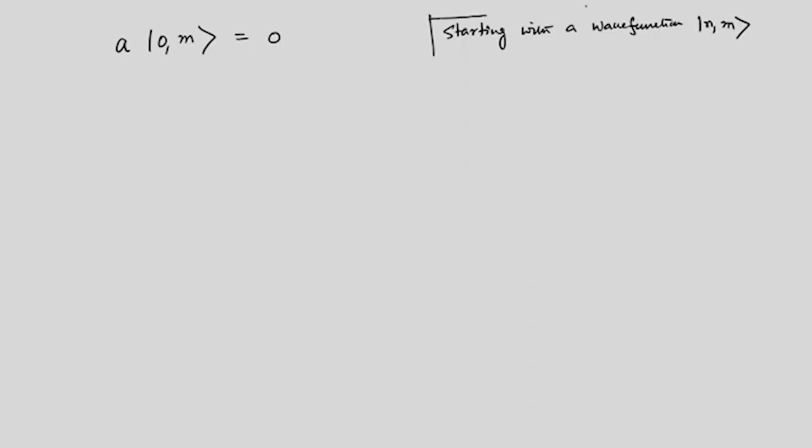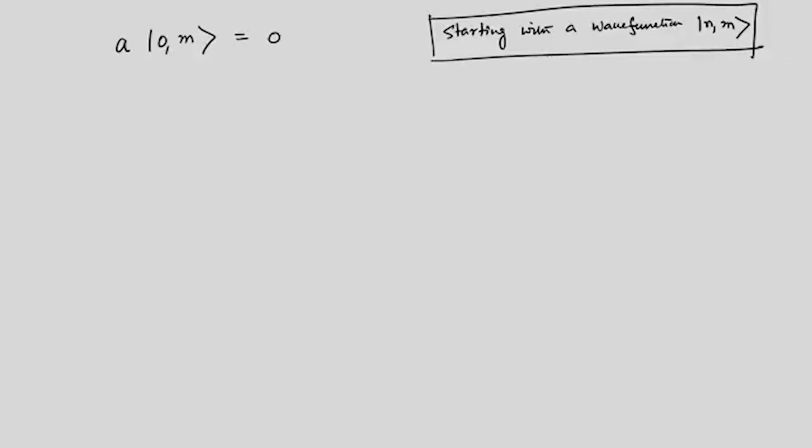Just making sure that you understand what these Nm are. N is the quantum number corresponding to the energy, and m is what we are yet to find. It is the angular momentum quantum number corresponding to Jz or Lz. This is true because if n is equal to 0, then applying this annihilation operator would yield you 0. This is the usual property of the Fock state, that for the state where there is no oscillator, you cannot reduce it any farther.